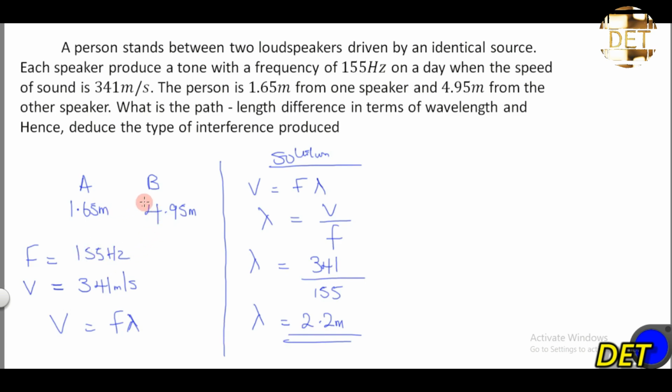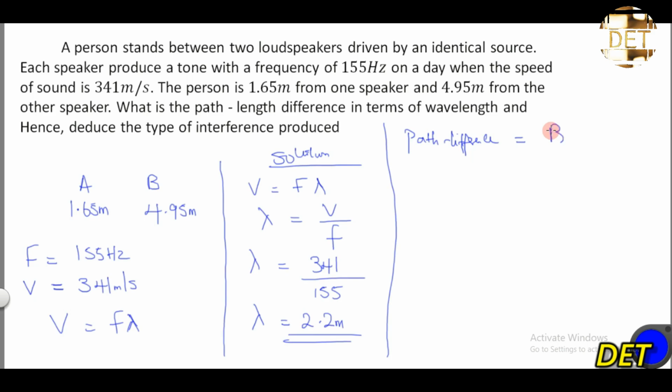Then the path difference. What is the path difference? The path difference is the next thing I'm going to look for. The path difference will be equal to the difference between the person's distance from speaker B and speaker A, right?